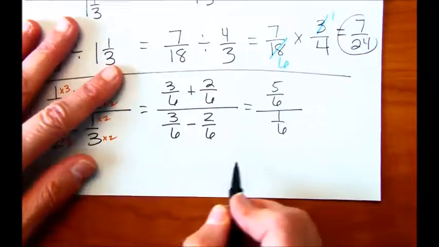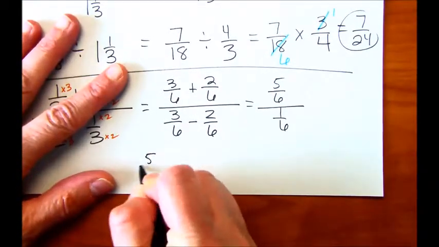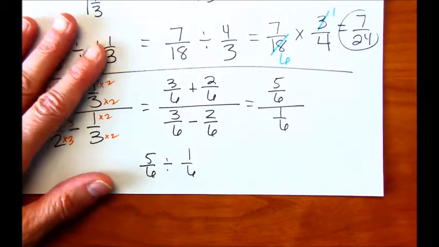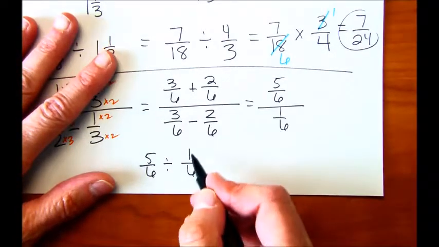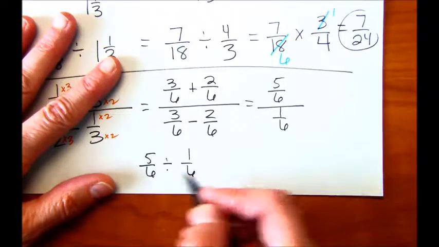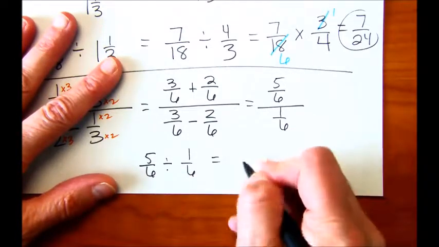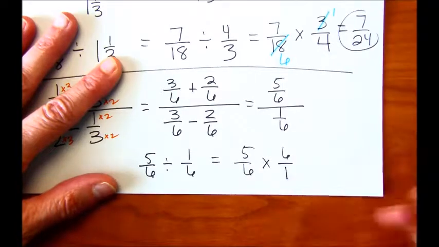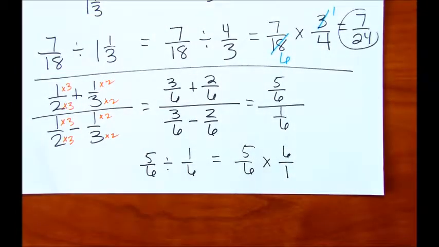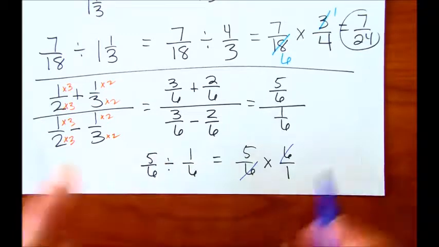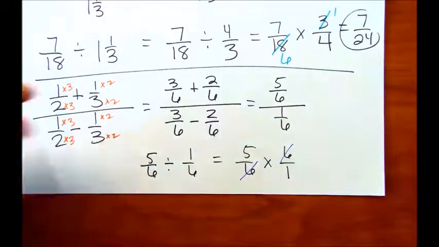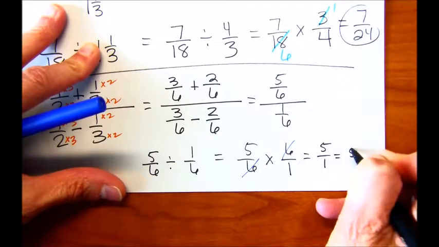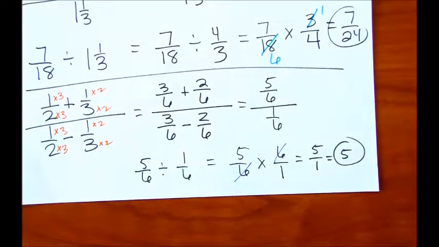And I'm going to rewrite it down here: 5/6 divided by 1/6. Remember, we want to flip the second fraction, change to multiplication. So we've got 5/6 times 6 over 1. Looks like these can cancel. They become 1s. And then I'm left with 5 over 1, or 5.